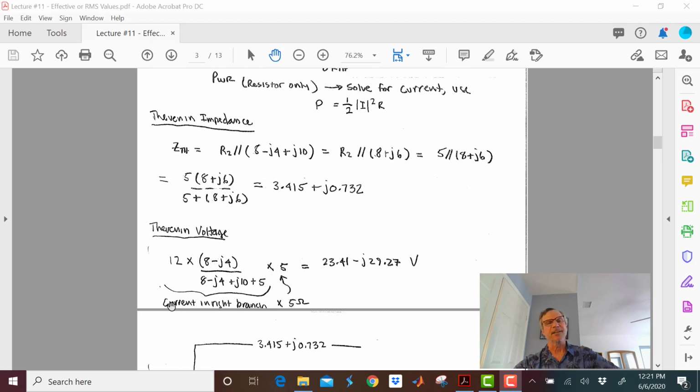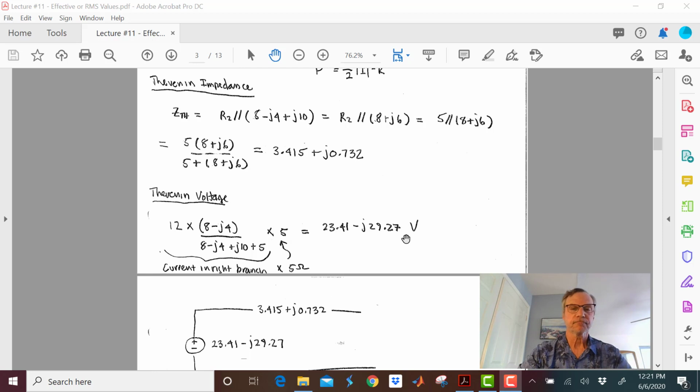But here's the formula. So all this stuff right here is the current in the right branch, and I multiply it by 5 ohms, and I get 23.41 minus J29.27. This is the way you should do it. It's not the way I do it. I would do it with a few more steps so that I could just go from first principles.